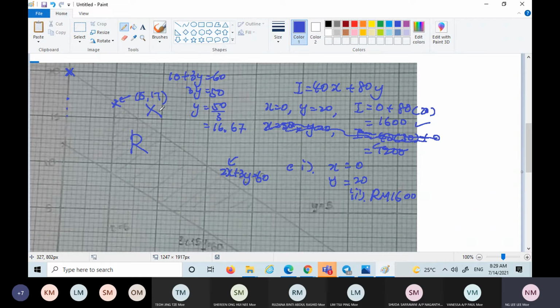Yesterday there was one girl, Siti Farah, she asked me how to get the point and then draw the inequality line. Means I know you are doing. If you just keep quiet, you don't move, I give this type of allowance to you. When you are ready, only then you do, then I don't know when you will do.